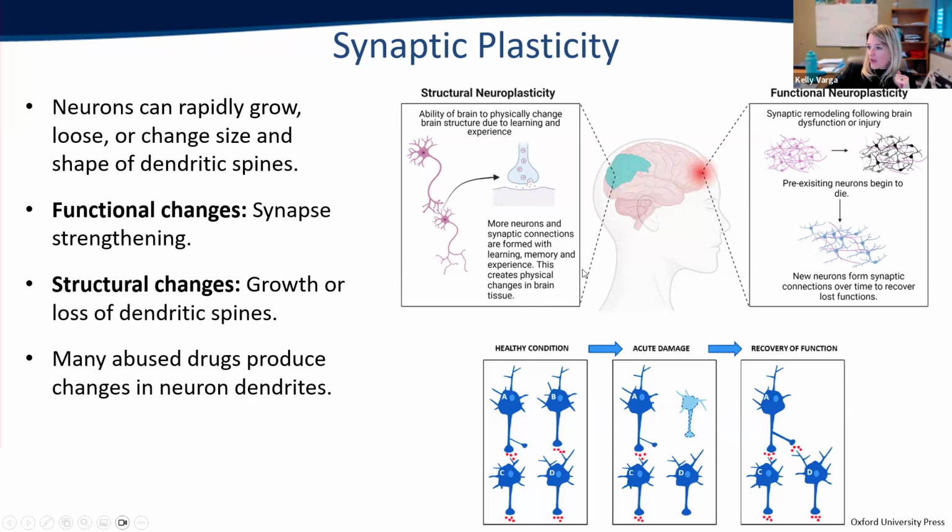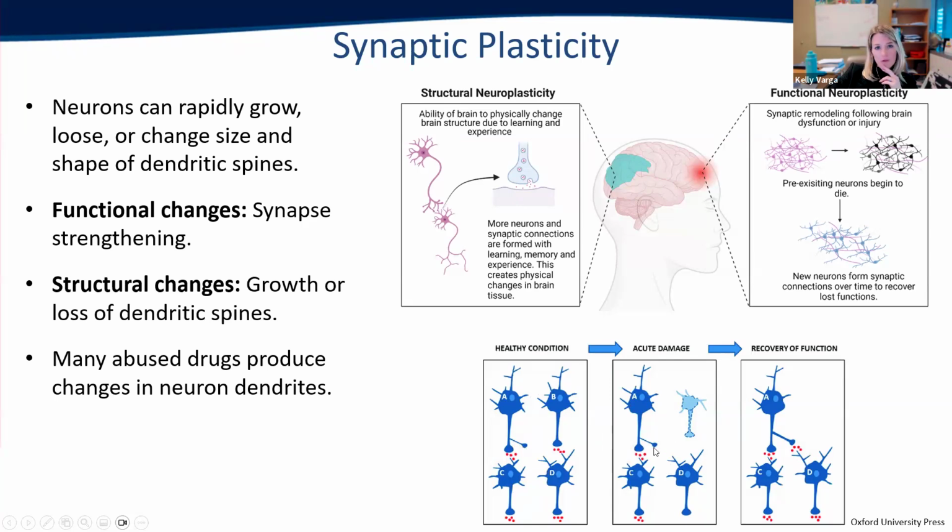This is just another way we can look at it. I can have a series of different synapses, pre to post, where something happens. In this case, we'll just use the example of drug use and abuse.